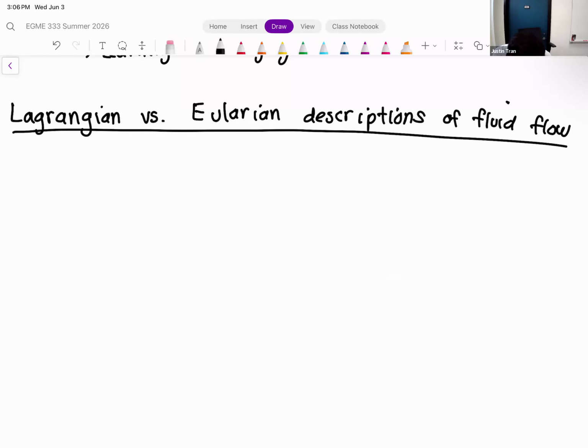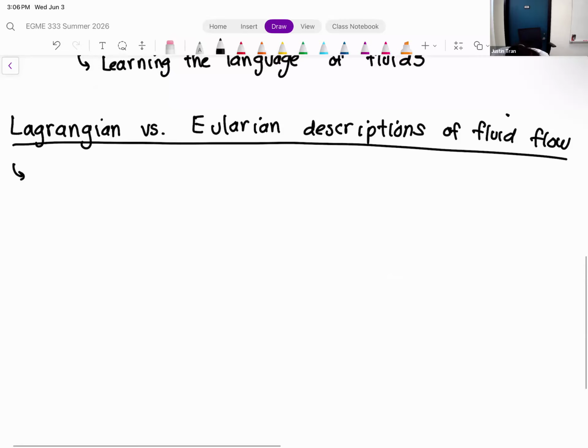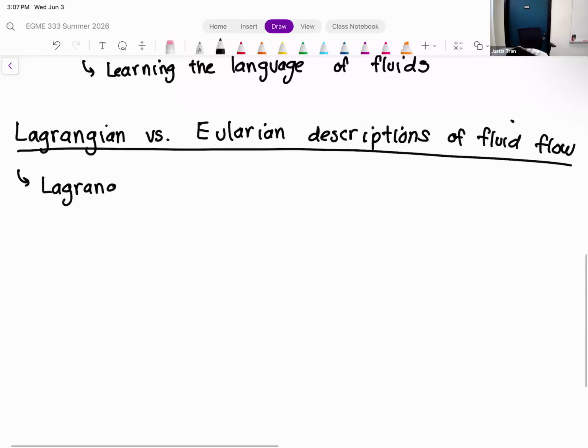So let's start with some definitions. Let's start with Lagrangian first. I would say this is the more non-traditional way to describe fluid flow, although it does have its applications at times. The Lagrangian description of fluid flow mostly concerns itself with tracking individual fluid particles as they go through a flow.